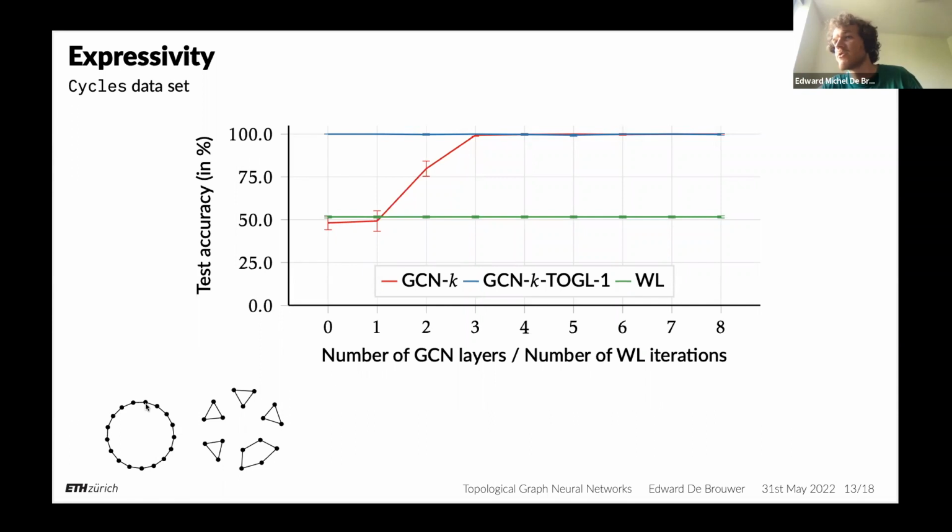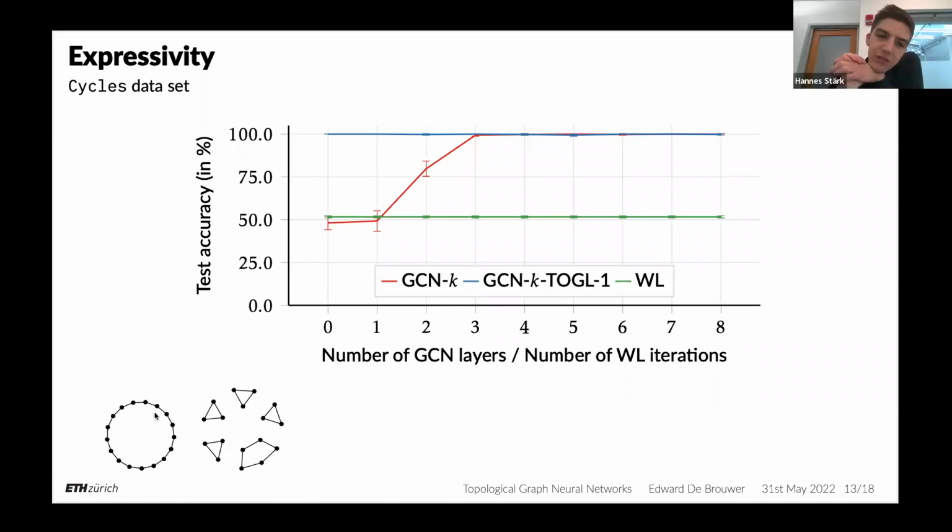Because if you would only give the GCN the node degree, basically it would never be able to distinguish those ones. So the fact that it's actually able to distinguish those is because you have randomness in the node features, which after so many steps is going to be able to take this randomness and figure out if you are in a big cycle or in a small cycle.